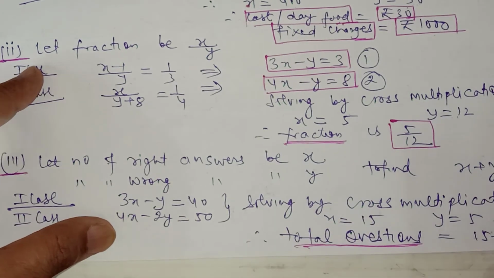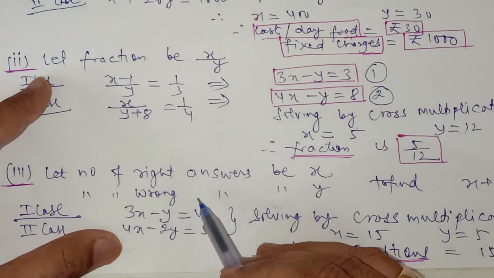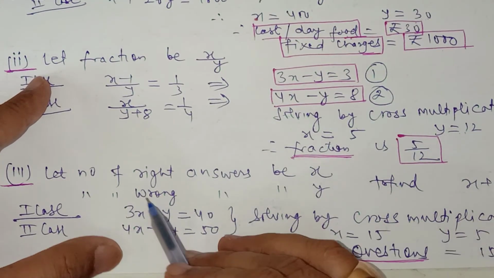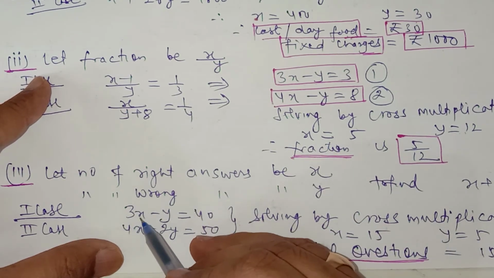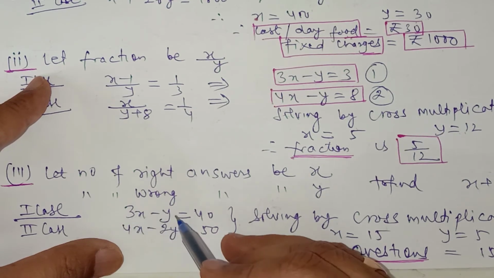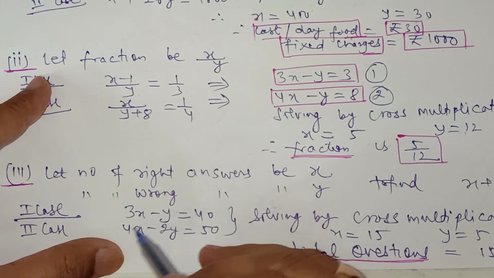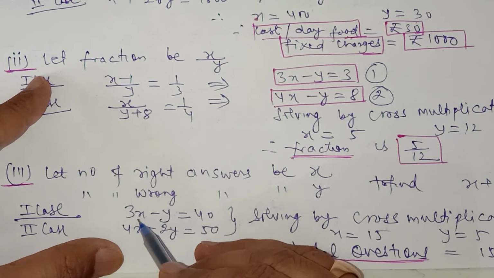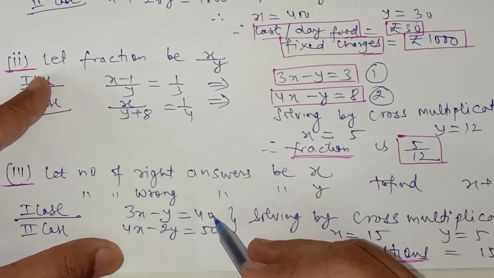It has been asked how many questions are there in the question paper. So let the right answers be X and the wrong answers be Y. In the first case, he gets 3 marks for each correct answer, so he gets 3X and loses 1Y for the wrong ones. So their difference will be 40. He gets 40 marks.